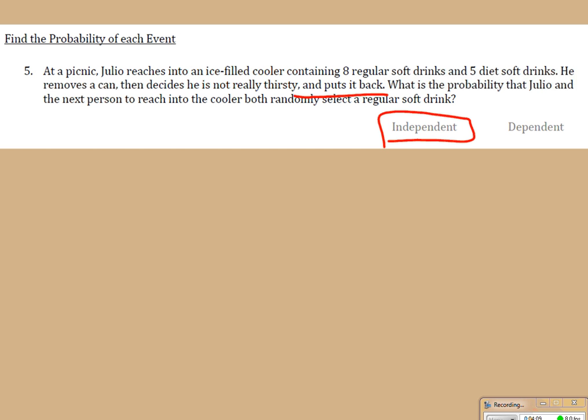So he puts it back, and it's like you still have the same amount of soft drinks in the cooler. So what's the probability that both Julio and the next person grab a regular soft drink? Well, the probability that Julio does it is going to be 8 out of 13. All right, 8 regular soft drinks, 13 cans of soda. Then you've got the probability of the next person. But remember, Julio puts it back.